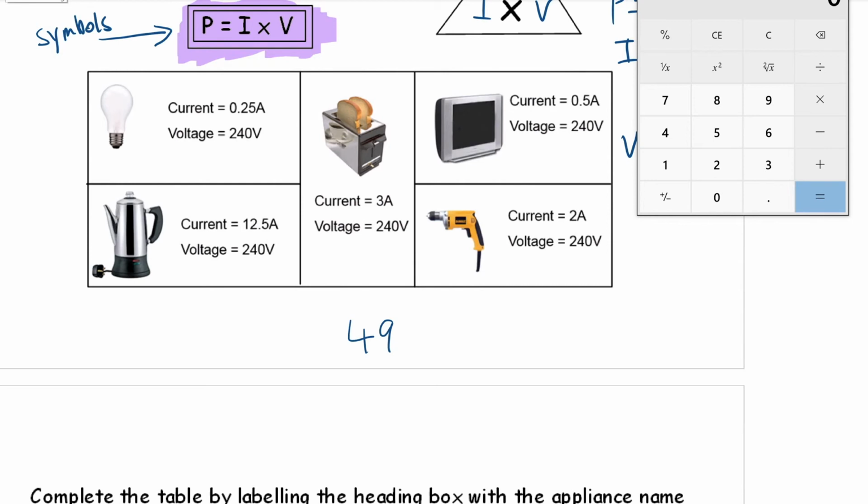Over the last 10, 15 years, even longer ago than that, I'm showing my age now, it's changed from 240 volts down to 230 volts.